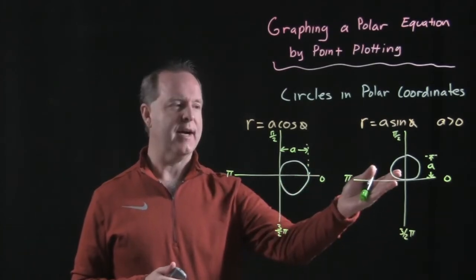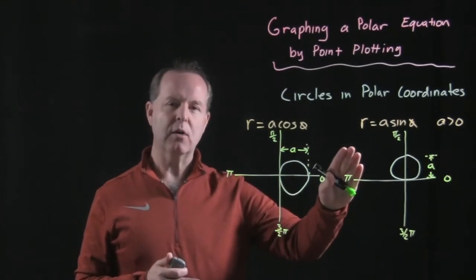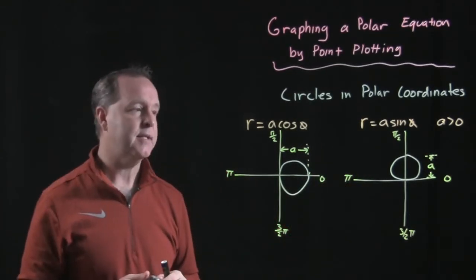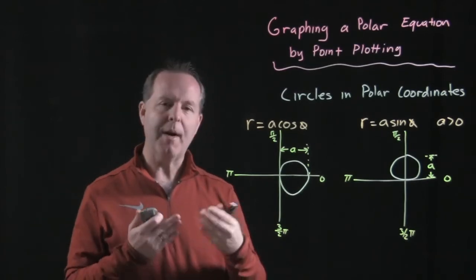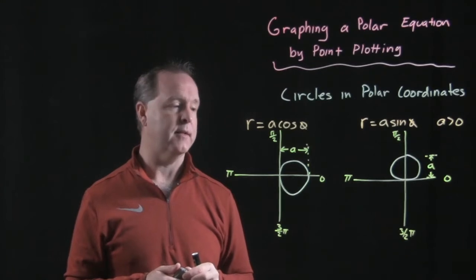Where I have a circle that sits on the polar axis, that usually follows the equation r equals a sine theta, and a represents the diameter of the circle. That's true for all a's greater than 0.